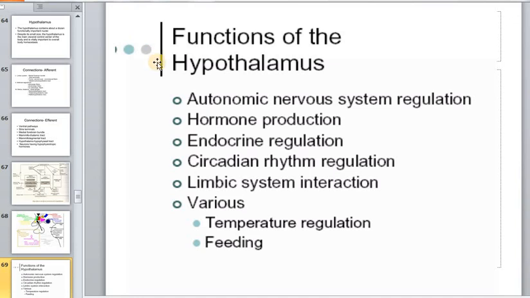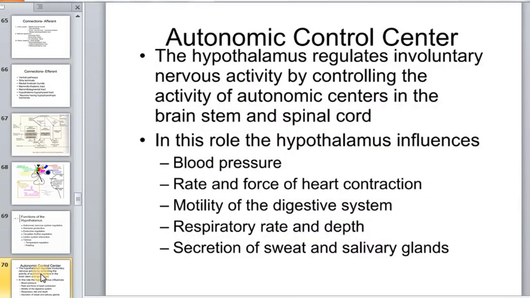Function of the hypothalamus: autonomic nervous system regulation, hormone production, and we will discuss this part of the hypothalamus in the next semester, in the spring semester. Endocrine regulation, circadian rhythm regulation, limbic system integration, and various others like temperature regulation, feeding, etc. Autonomic control center: the hypothalamus regulates involuntary nerve activity by controlling the activity of autonomic centers of the brainstem and spinal cord.